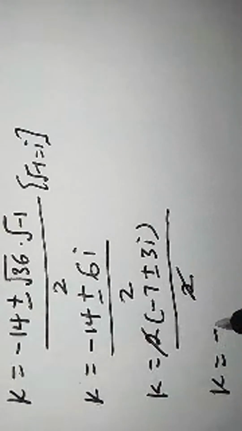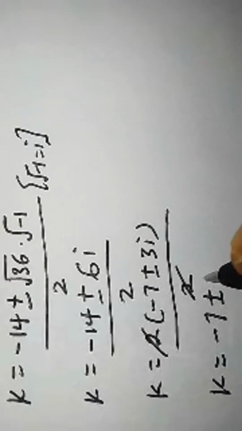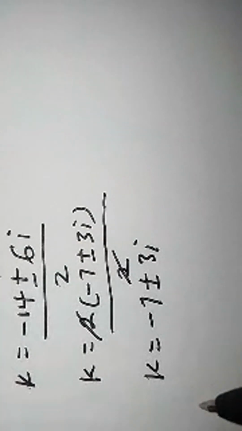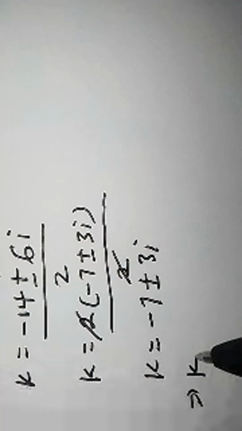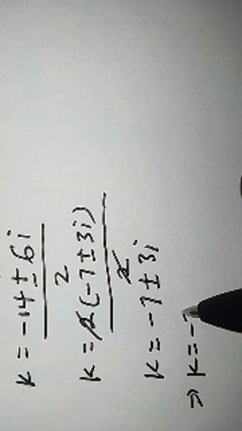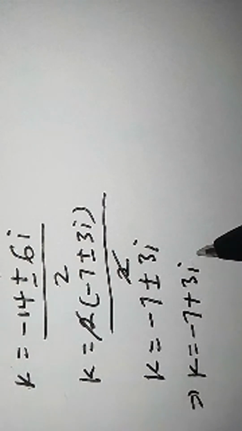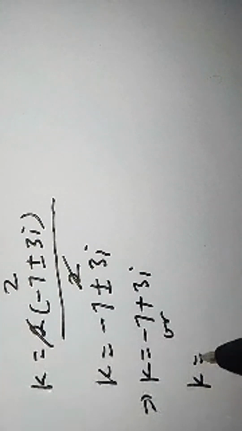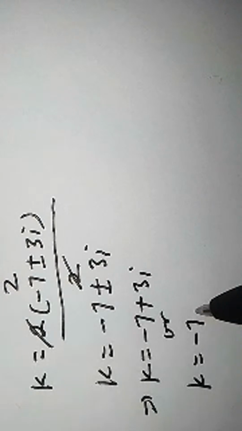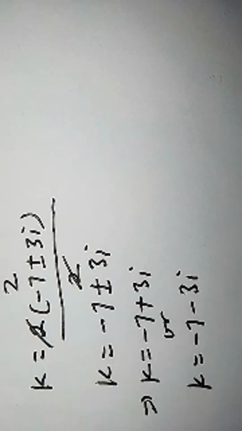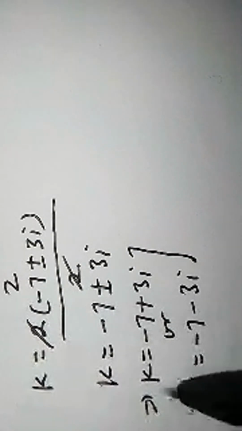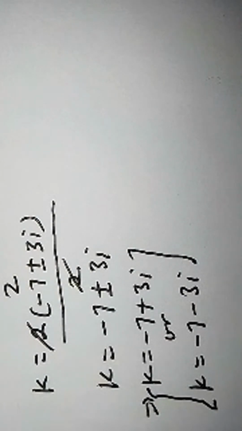We are left with k equals minus 7 plus or minus 3i. This implies that k is either equal to minus 7 plus 3i, or k is equal to minus 7 minus 3i. You will notice that we have two distinct complex solutions here.